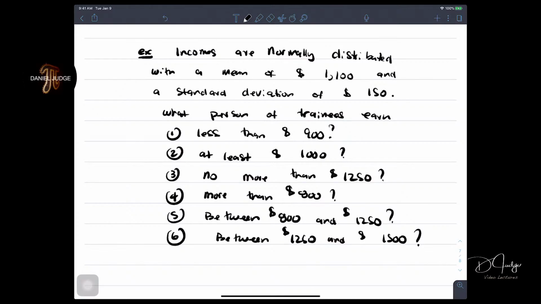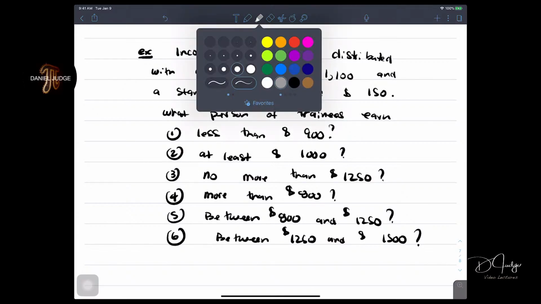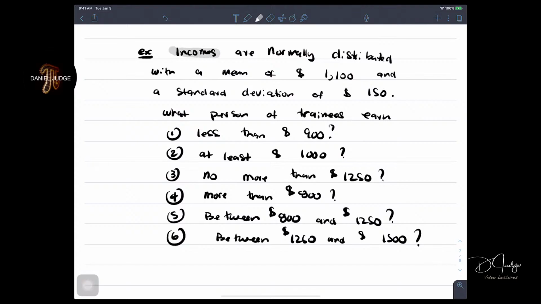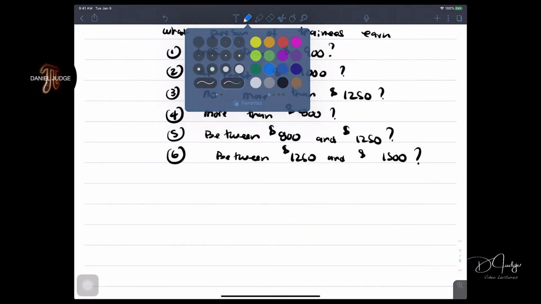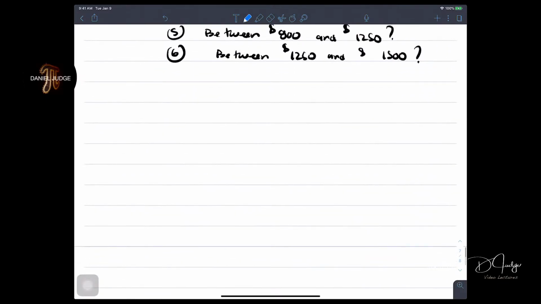Now we say, what does this mean if we start this off? We're saying incomes are normally distributed, and the mean is 1100 and the standard deviation is 150. So here's essentially the first kind of question. We say draw a picture of the question.